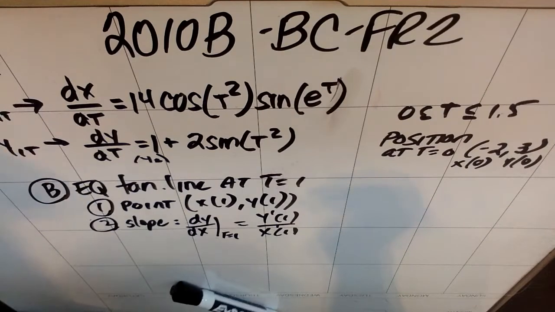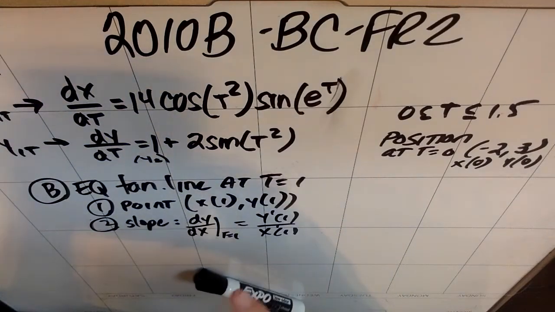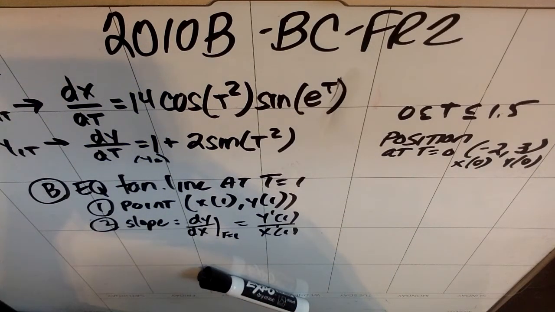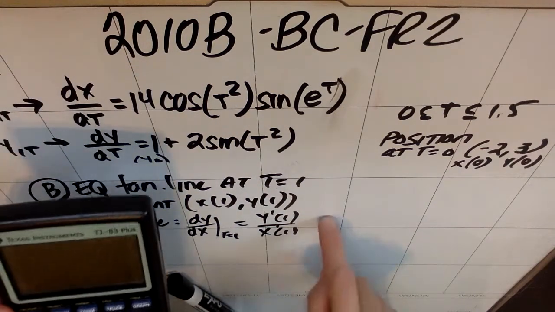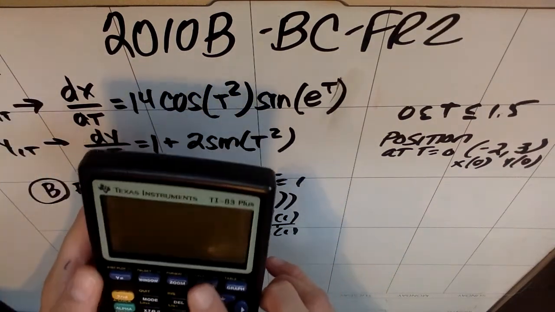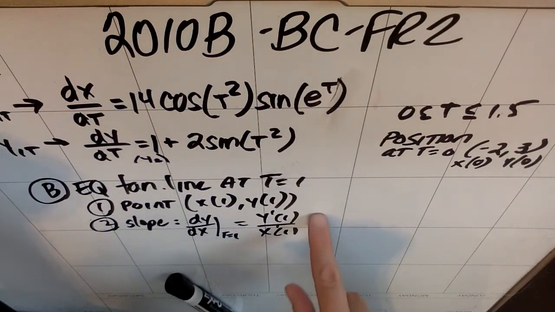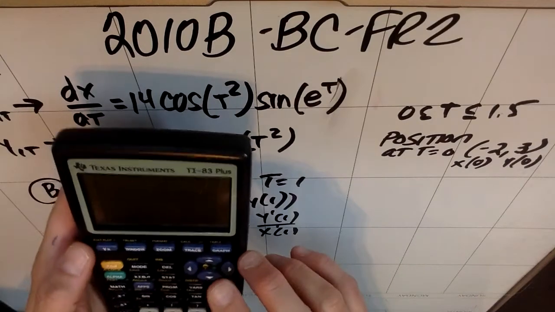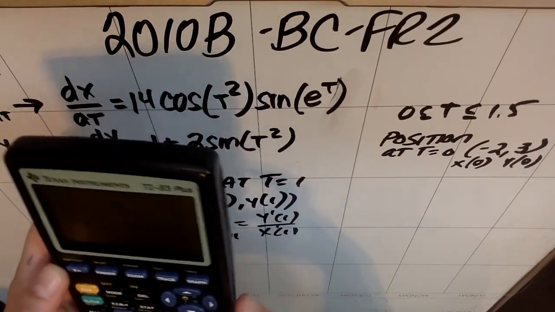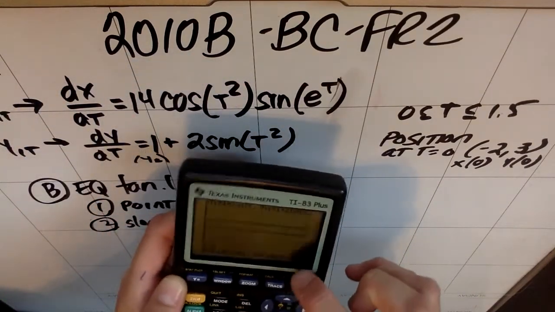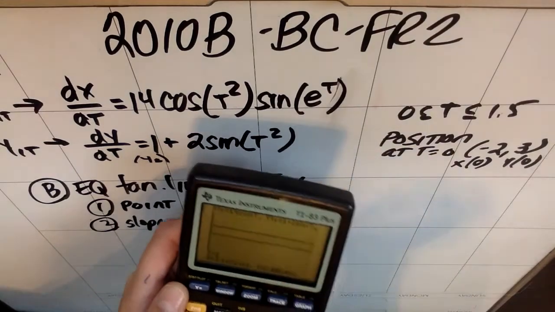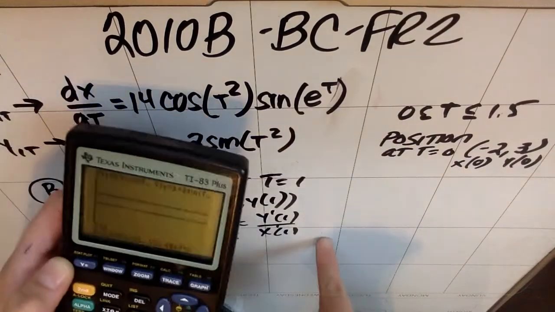If you hit trace, remember that these two values are your actual y and x on your current graph. If I hit trace and then hit 1, enter, it'll take me to those values. So now that y and that x are the values of y prime of 1 and x prime of 1.